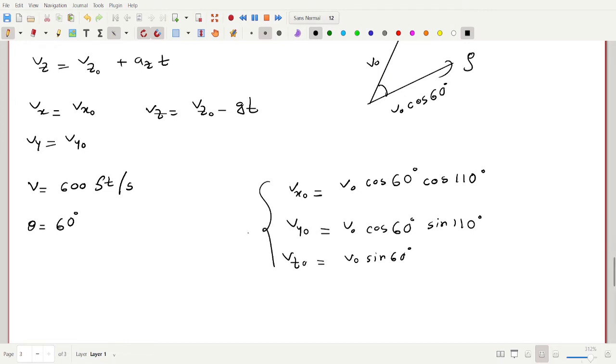Now use these values in this equation, and in this equation, and then the calculation is done, and put t equals 20 seconds. Is there any question about this?